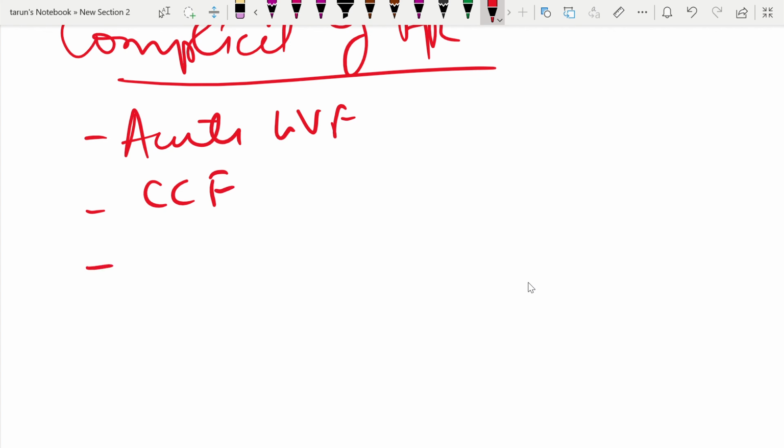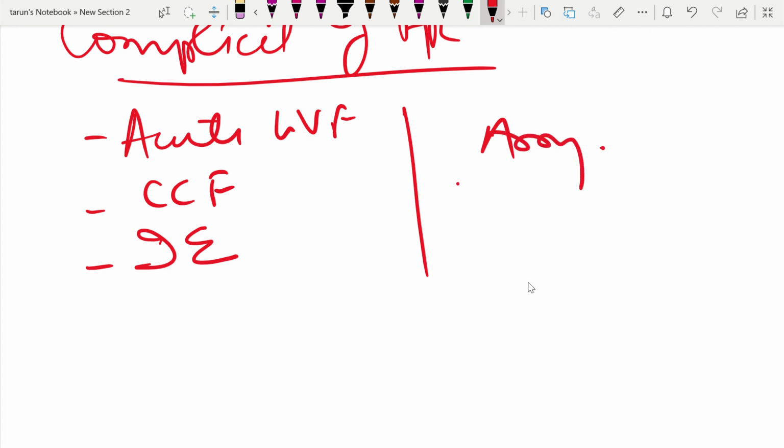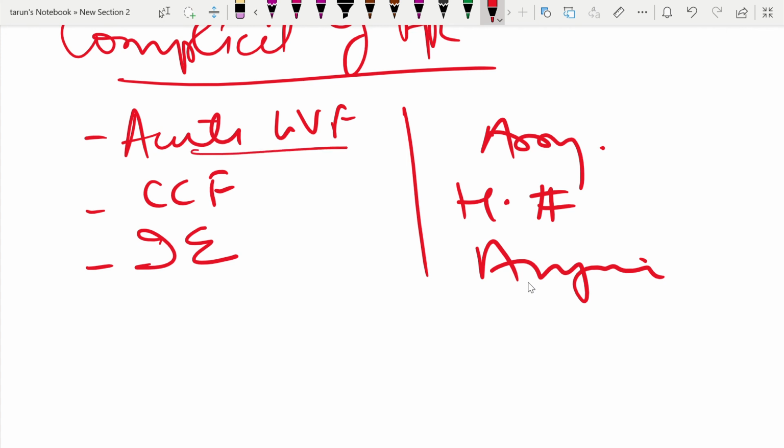So these are the complications: acute LVF, CCF, infective endocarditis, arrhythmia, heart block, angina.